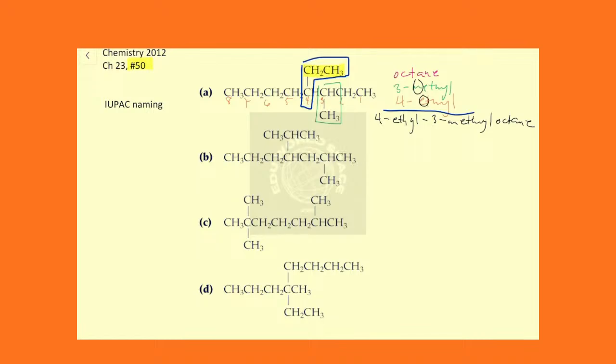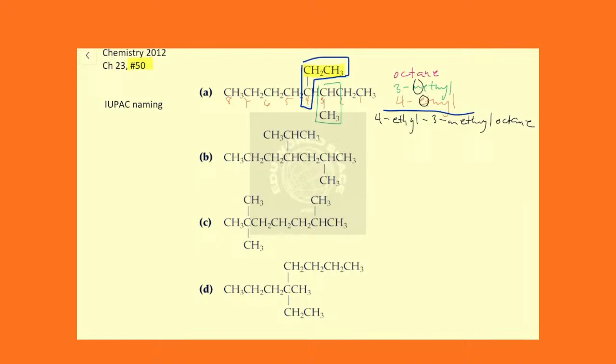Next, part B. Then find the longest chain, and I think this would still be our longest chain. Alright, and as usual, it looks like the first branch point is closer to the right side.